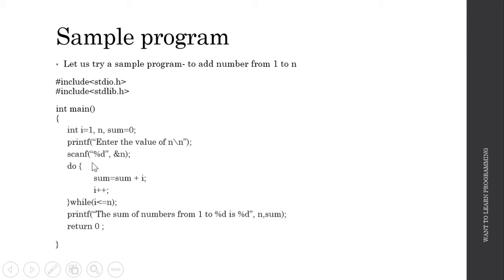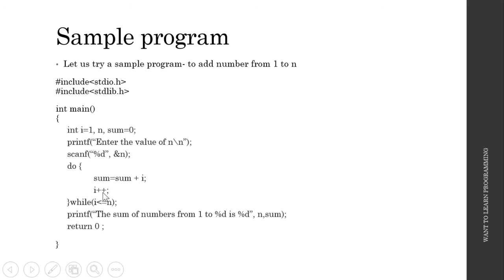First, it will execute this statement. So sum will be equal to 0, sum equal to 0 plus 1, that is sum equal to 1, i plus plus. As this while statement condition is correct, it will again go to do. So next it will sum, that is 1 equal to 1 plus 2, so it will become sum equal to 3.